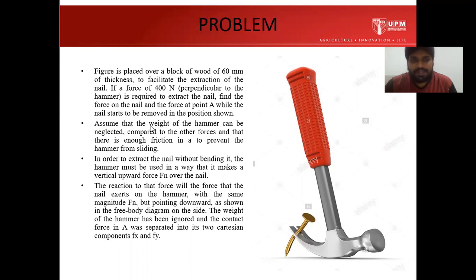So assuming that the weight of the hammer can be neglected, which means we are going to ignore it compared to the other forces, and that there is enough friction to prevent the hammer from sliding.